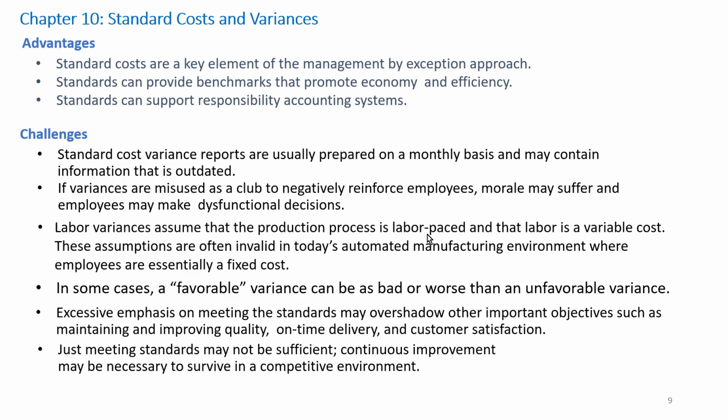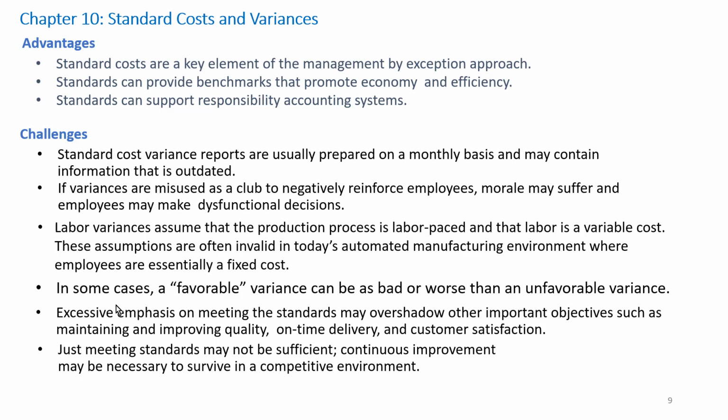Labor variances make two important assumptions. First, they assume that production is labor paced, so that if labor works faster, output will go up. Second, they assume that labor is a variable cost. These assumptions are often invalid in today's automated manufacturing environment, where employees are essentially a fixed cost.